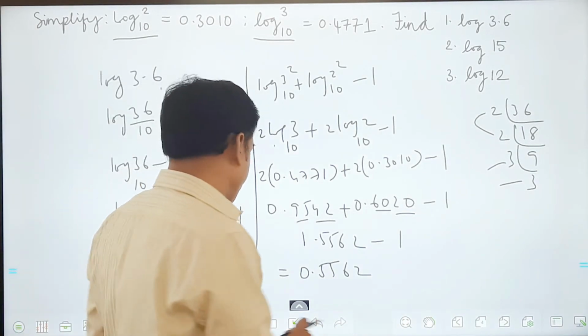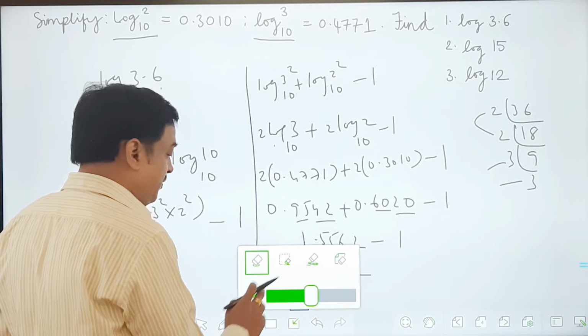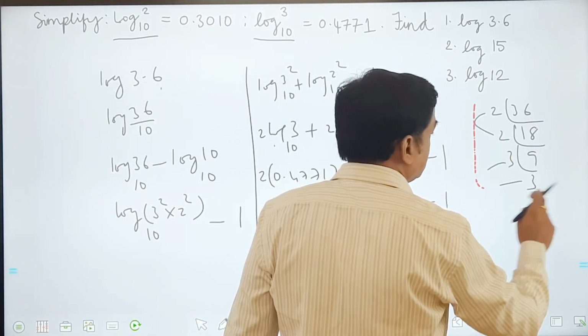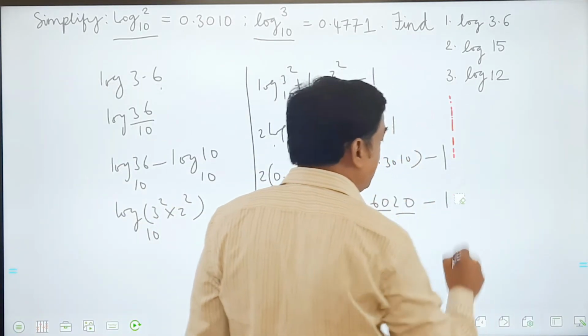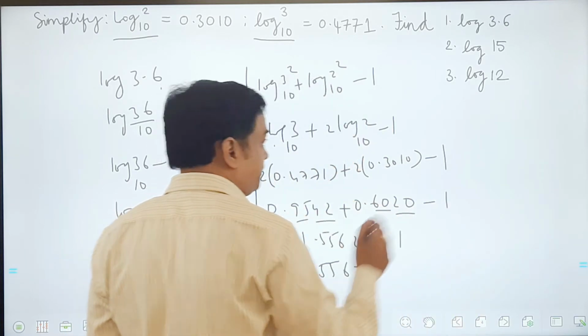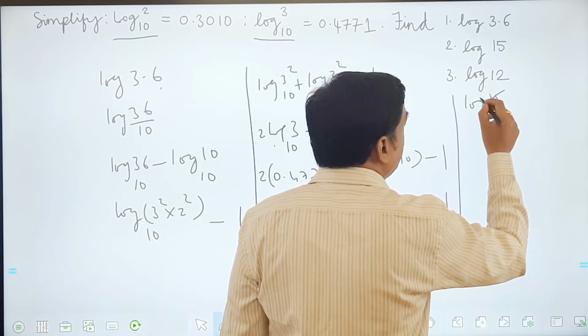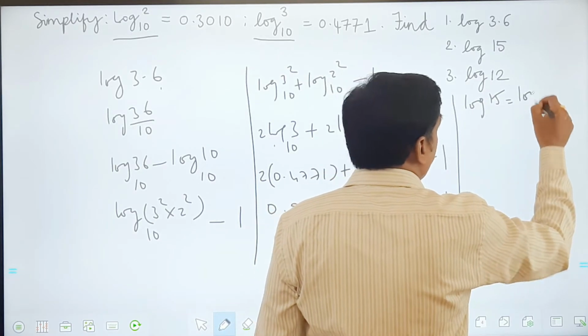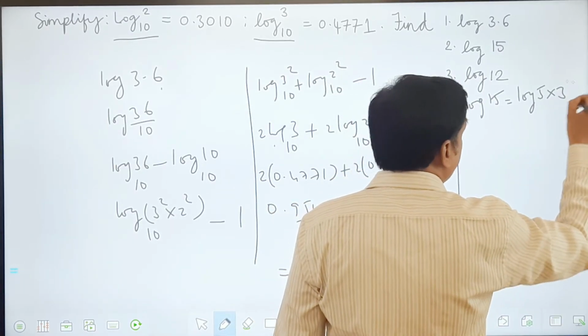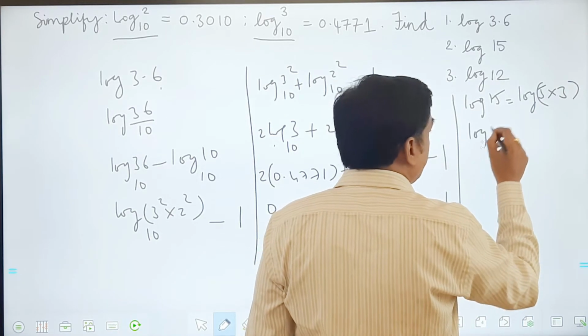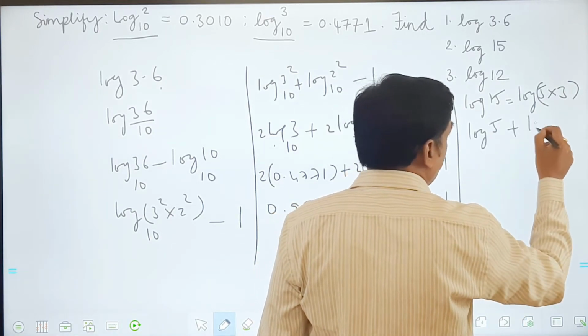How do we find log 15, friends? If I find log 15, it can be written as what? Log 15 can be written as log 5 into 3, and further can be written as log 5 plus log 3.